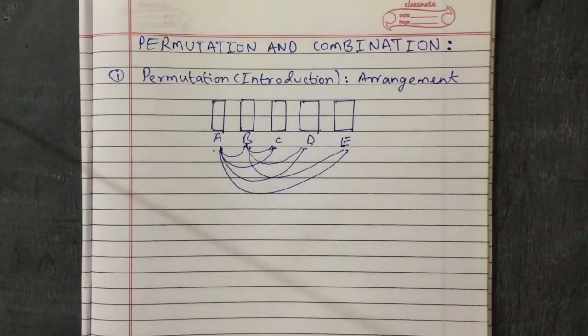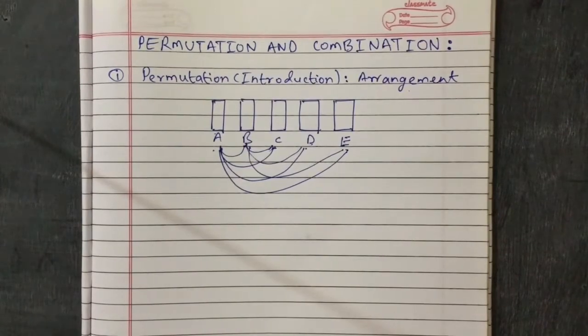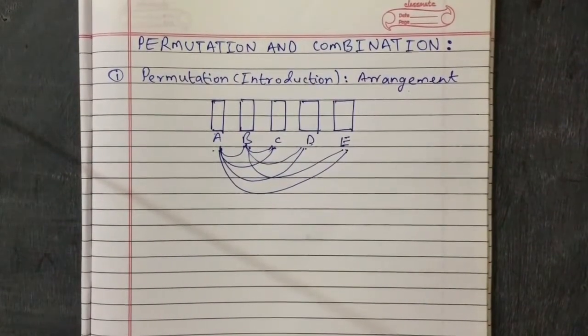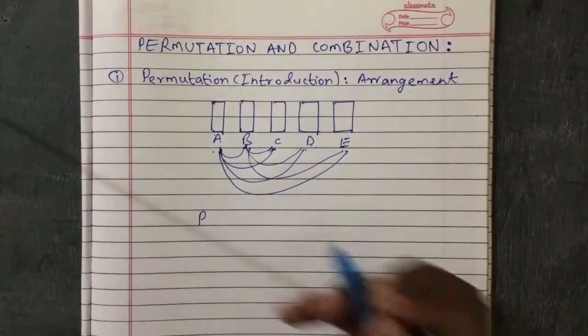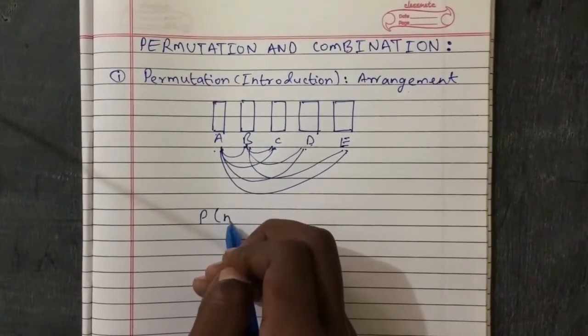So the total number of arrangements of a certain number of things out of the total number of things, that is what we call permutation. Now, if I want to find the total number of arrangements, there is a mathematical formula by which it will be much easier to find the total arrangements of a certain number of things out of the total number of things. Let's say P refers to permutation of n, where n is the total number of things.